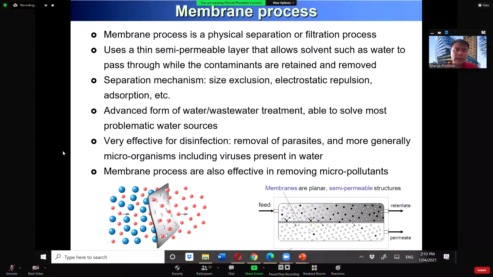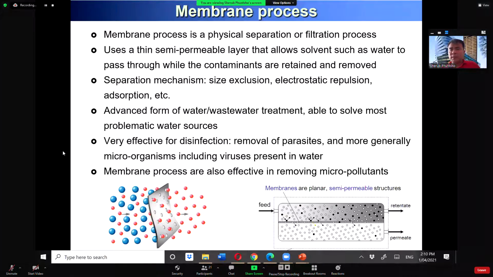There are different mechanisms involved in how it is separated. It's physical separation, which we call size exclusion. The water molecule is the smallest particle in the wastewater or surface water, and anything that is dissolved should be larger than the water molecules.